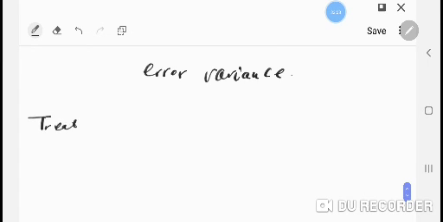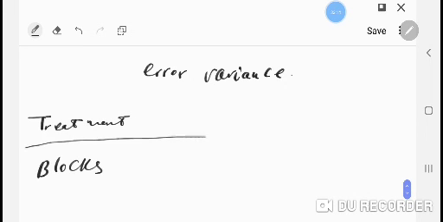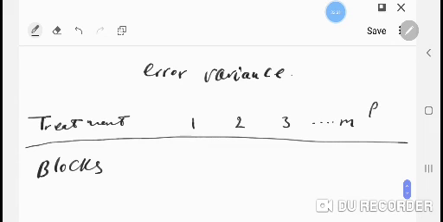Treatment, block. Treatment number 1, 2, 3 and M. Here is row sum.